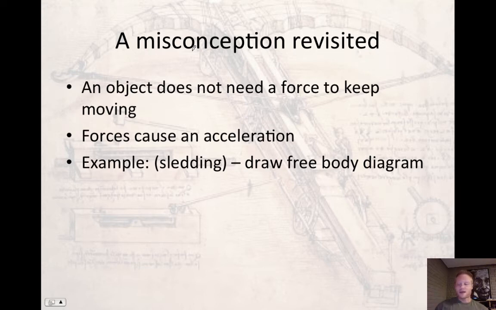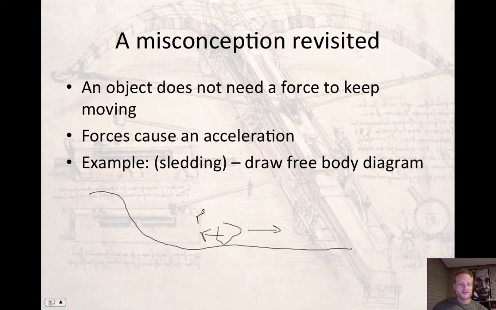My example of this would be, let's say you go sledding, and here's a sledding hill. Once you get down here at the bottom of the hill, you keep flying forward, right? And you would actually keep sliding forever unless what stopped you? Well, it's going to be the force of friction.